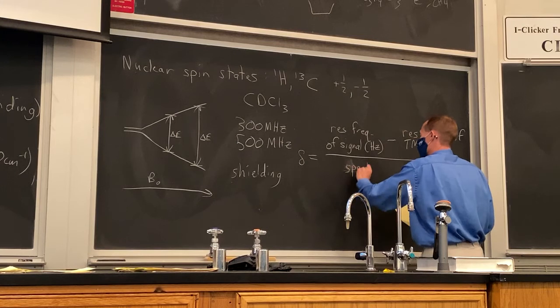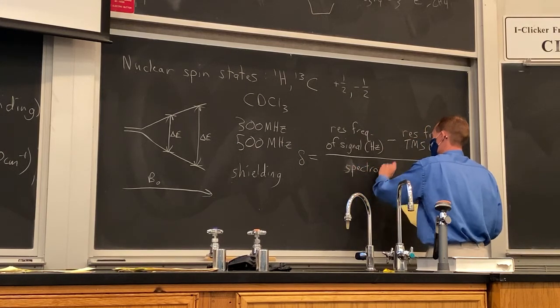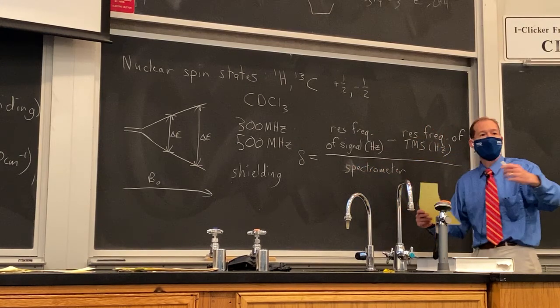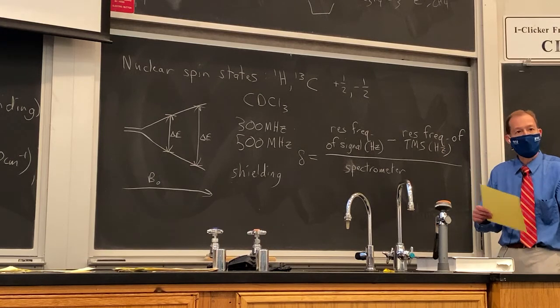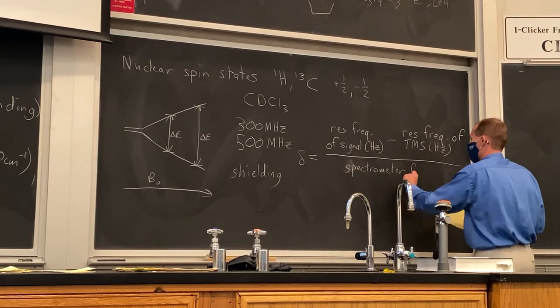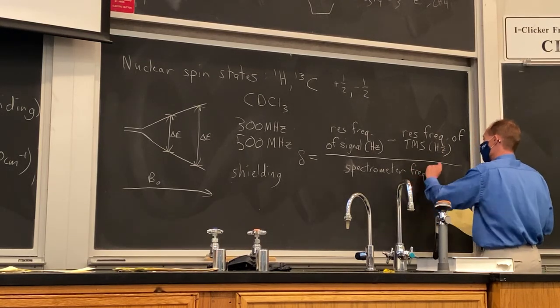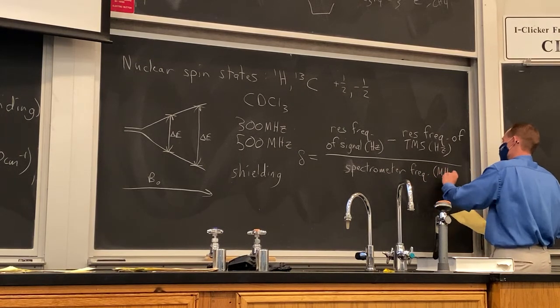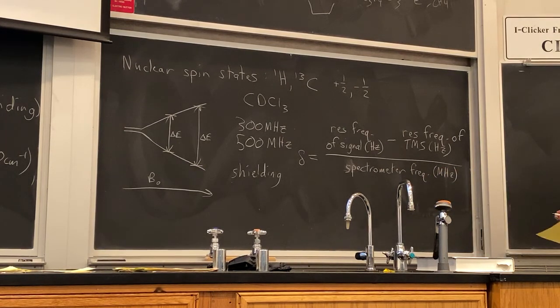Of course, the magnet doesn't have a frequency, but I told you how we can express the strength of the magnet in frequency units. And so the frequency of the magnet, which is measured in megahertz, is in the denominator as we calculate the chemical shift position of these signals. Okay?